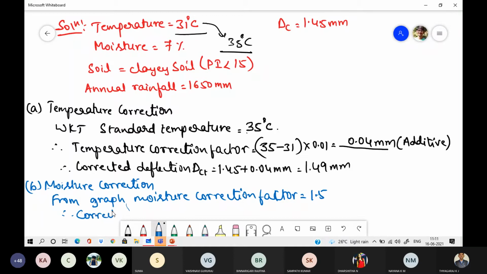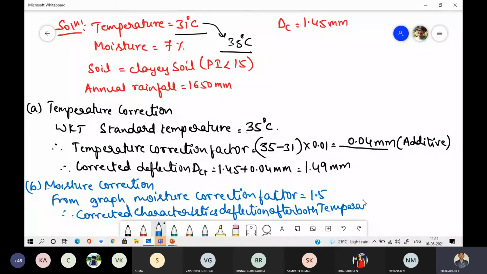Therefore, corrected characteristic deflection after both temperature and moisture correction is equal to 1.5 into 1.49.